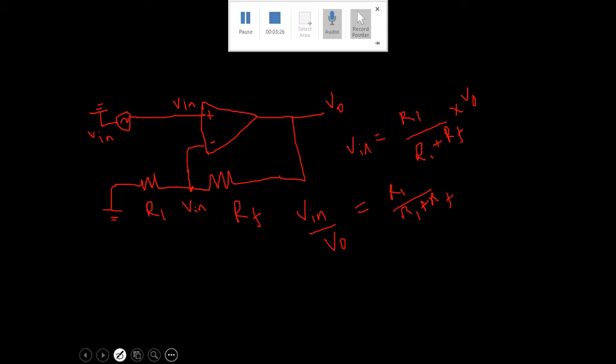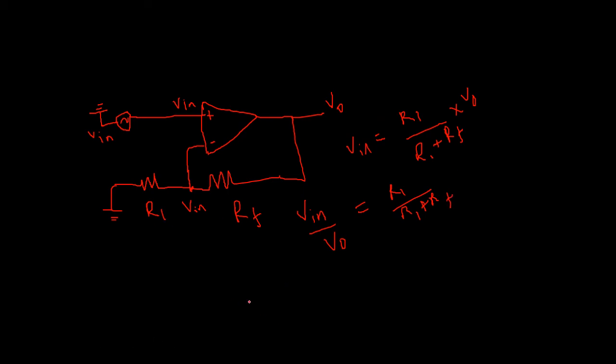So we know the voltage gain is equal to V out by V in. So the closed loop voltage gain is equal to V out by V in, and reversing, you will get R1 plus RF divided by R1.